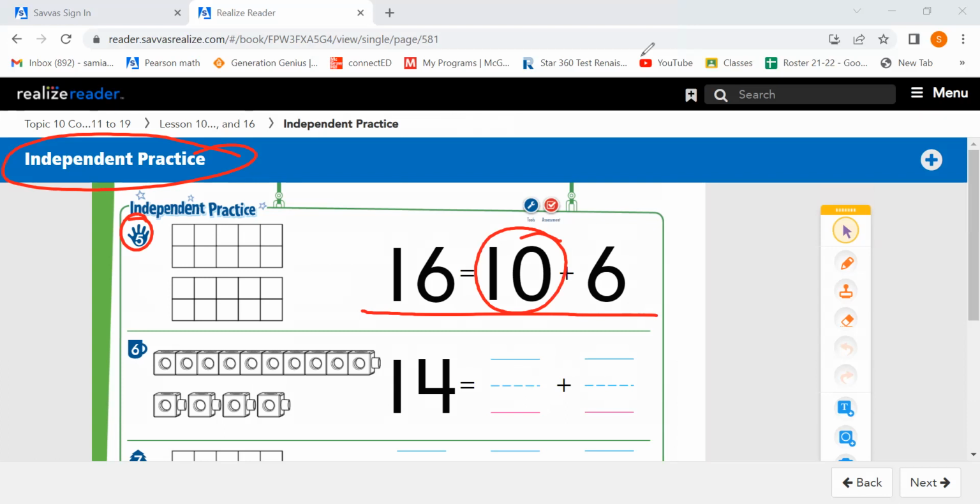We're going to add 10 counters to our first 10 frame. So now we have one set of 10, or 10 ones. Then we look at our next number. And we are going to add 6 to our second 10 frame. You can count them to make sure, but now we have 16 in all. So 16 is equal to 10 plus 6.